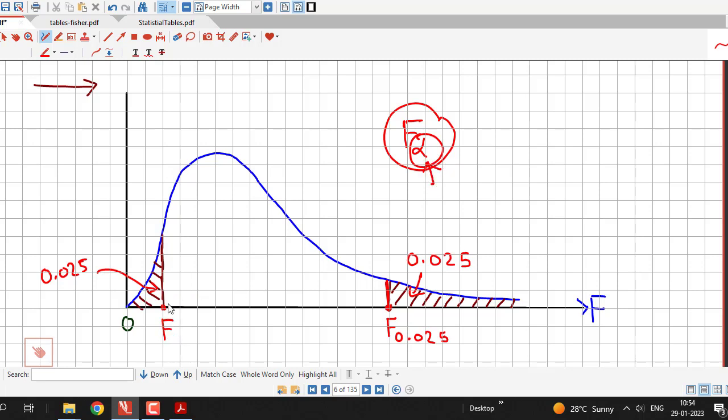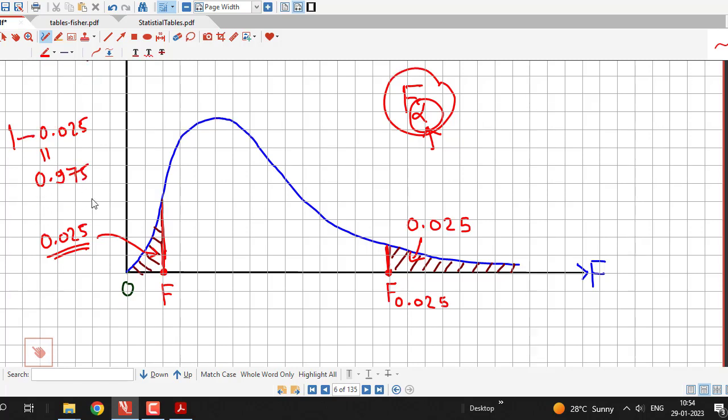For the other point we require the area to the right side of it. The area to the left side of this point is 0.025, and we know that the area under the probability density curve is always 1. Therefore the area to the right side of this point is 1 minus the area to the left side, and that turns out to be 0.975.